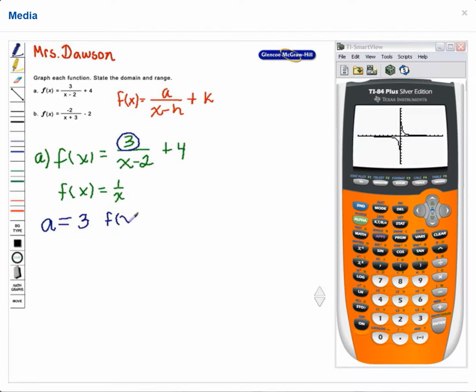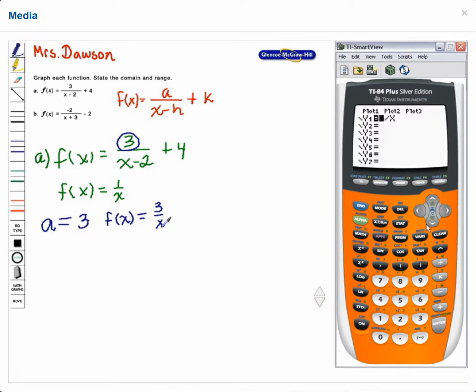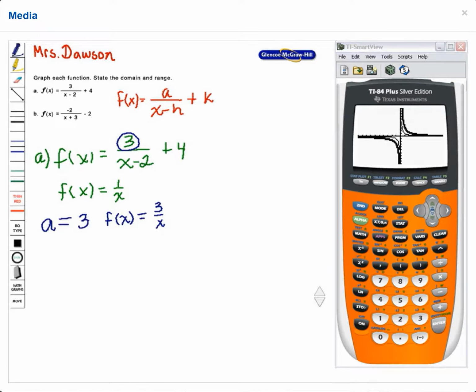So let's graph 3 over x and compare it to 1 over x. We'll make this bold by hitting enter. So you can see 1 over x and then 3 over x. So by a being equal to 3, the graph is expanded.